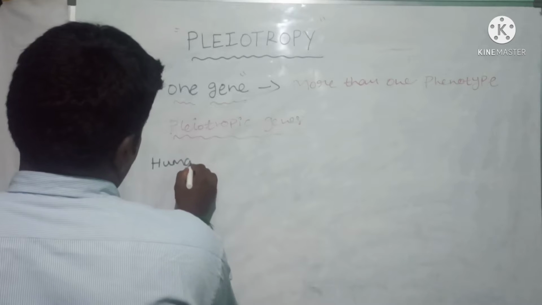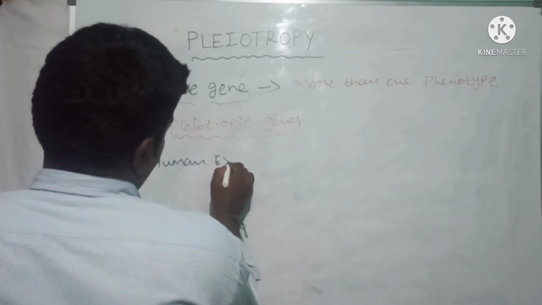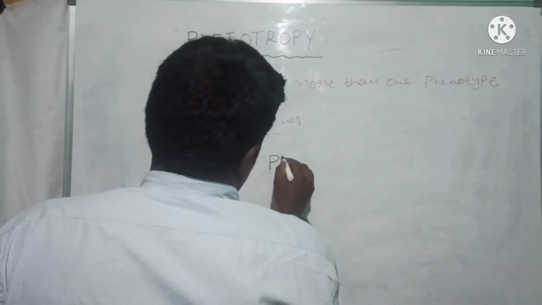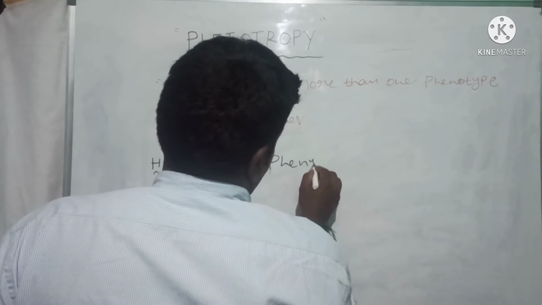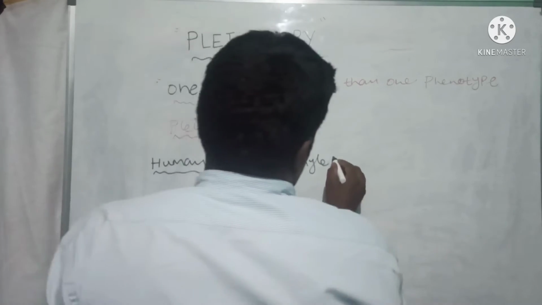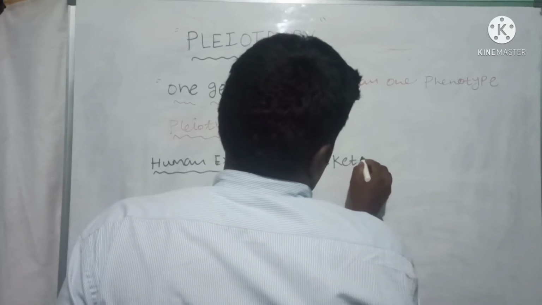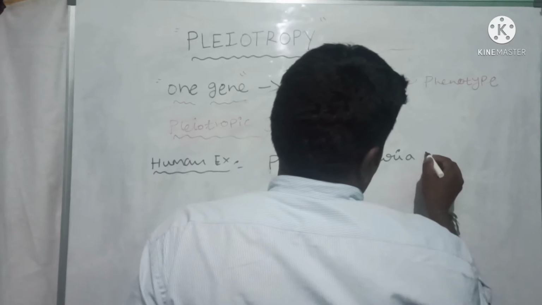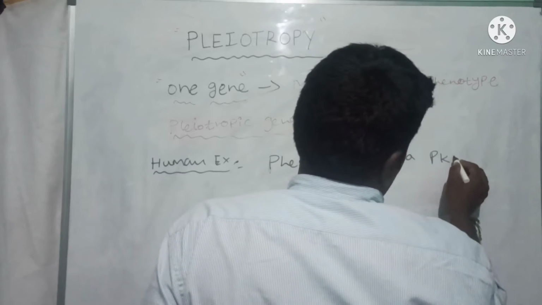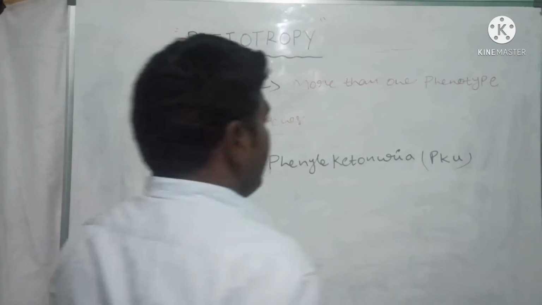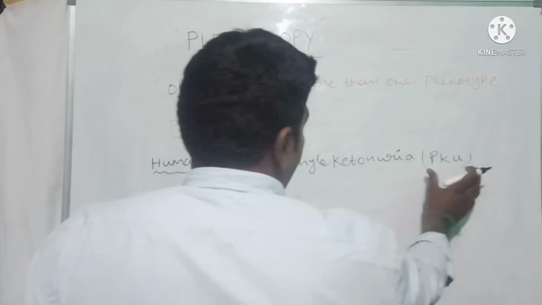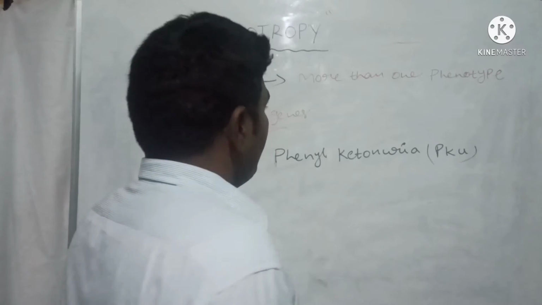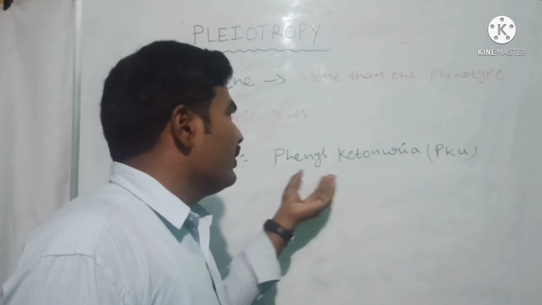Human examples. Phenylketonuria, PKU. We are writing PKU here.